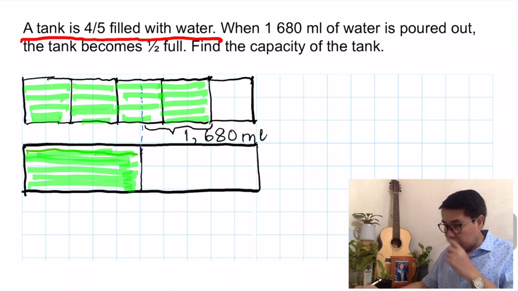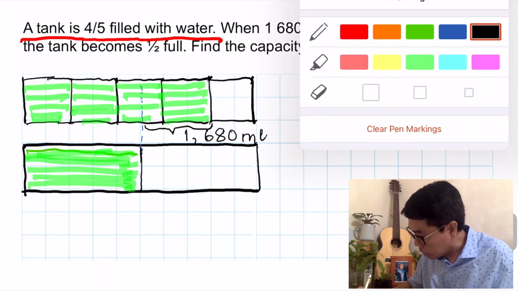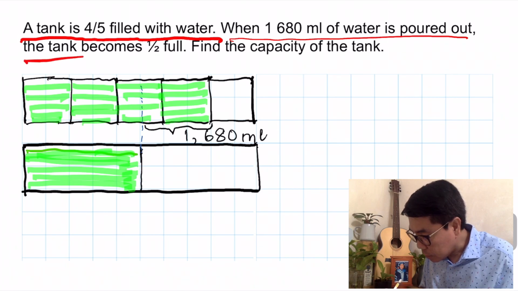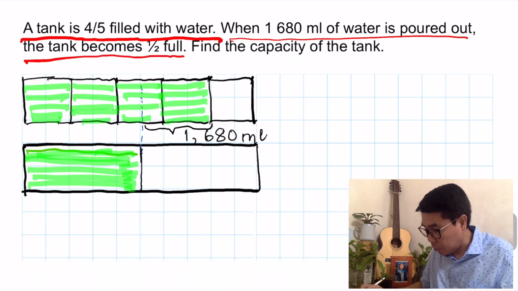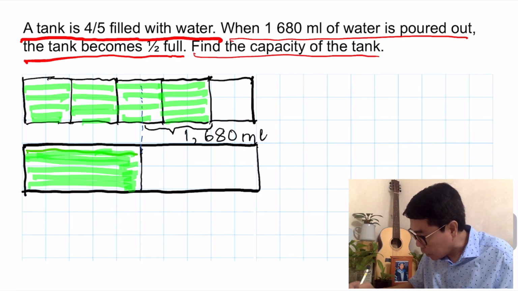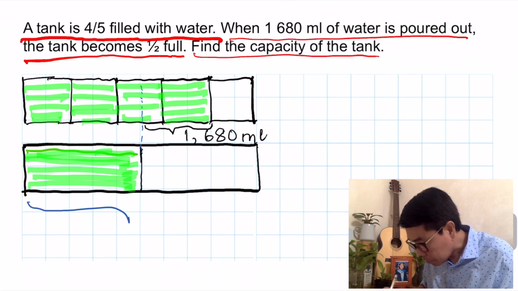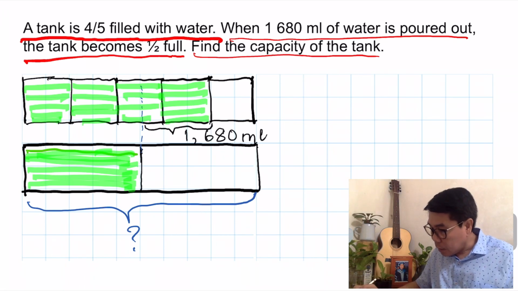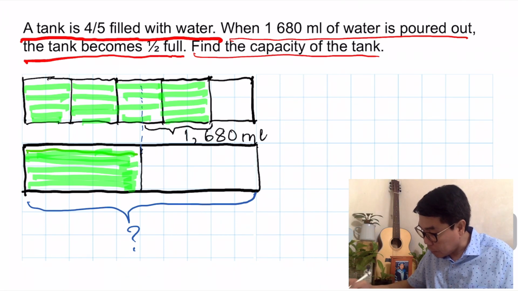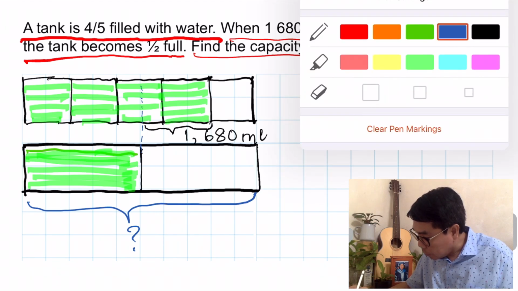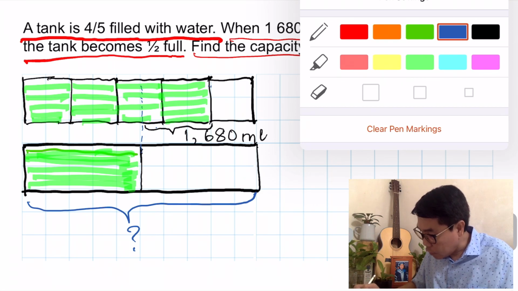Okay. Now, then the question is, okay, so this is done already. The tank becomes half full. Then the question is, find the capacity of the tank. Okay, so what's the capacity of the tank? Now, so let's find out that 1,680, from this part to this part, it's 1,680.